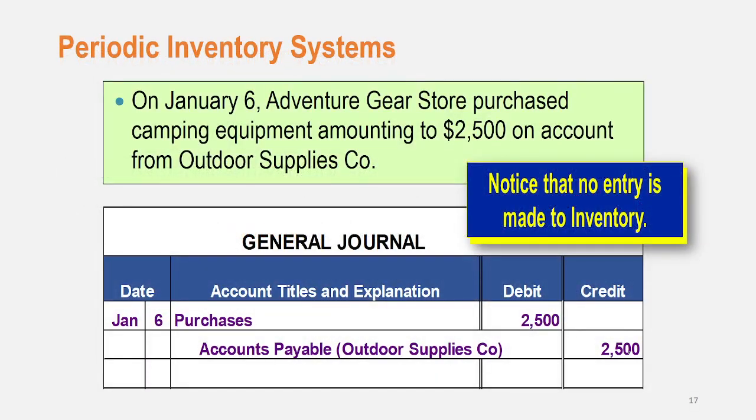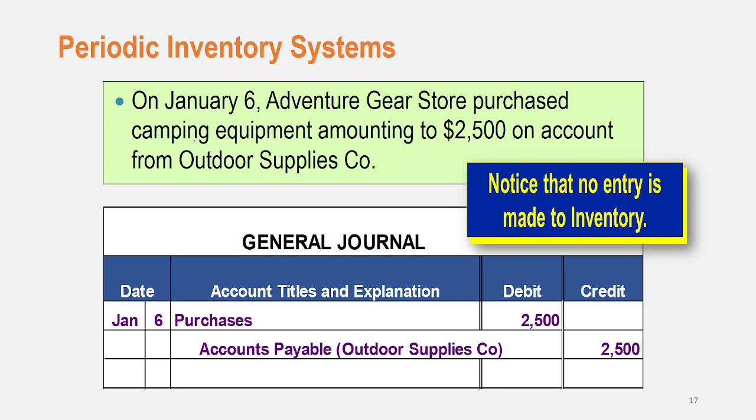Let's look at one economic scenario in relation to the periodic inventory system. Under the periodic inventory system, on January 6, Adventure Gear Store purchased camping equipment amounting to 2,500 on account from Outdoor Supplies Corporation. So how can we record this economic scenario under the periodic inventory system?